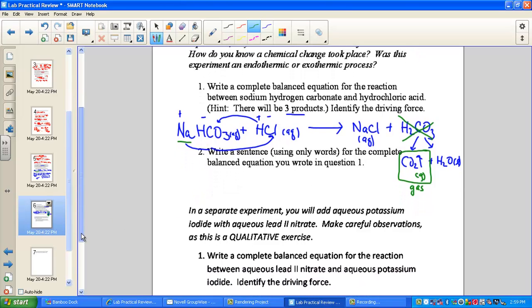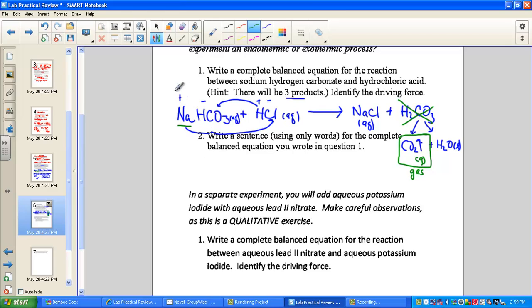Turning all of those into a series of words, creating a sentence, NaHCO3. I'm going to start that by just writing out aqueous sodium hydroxide. Then I see the plus sign, so I go reacts with.